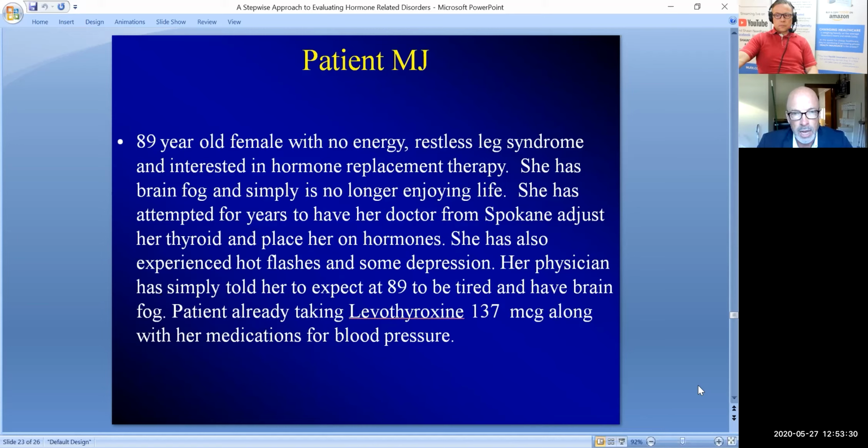She's been experiencing hot flashes, some depression, and it's common, with some of the elderly patients and even my younger patients, it's amazing that what they get from their physicians is, hey, you're old. What do you expect? And all your labs are normal. This patient was already taking levothyroxine along with medications for blood pressure.